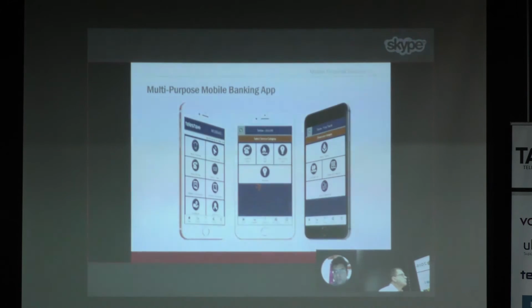What we're doing is basically allowing the users to link their bank accounts to a mobile wallet. And when you are using the mobile wallet, you're entitled to perform transactions without your debit or credit card, without your account book.